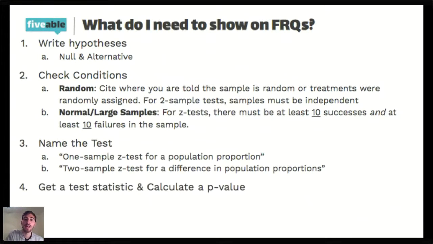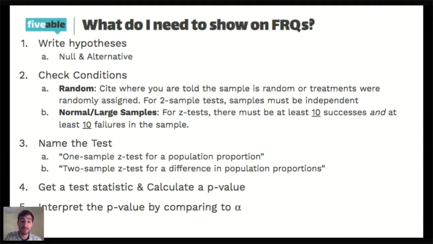And then the 4th thing is to get a test statistic and calculate a p-value. We're going to do all of that in our calculators for the most part. And once you get those things, you then have to make the decision and interpret what the p-value tells us by comparing it to whatever significance level was given at the start of the problem.